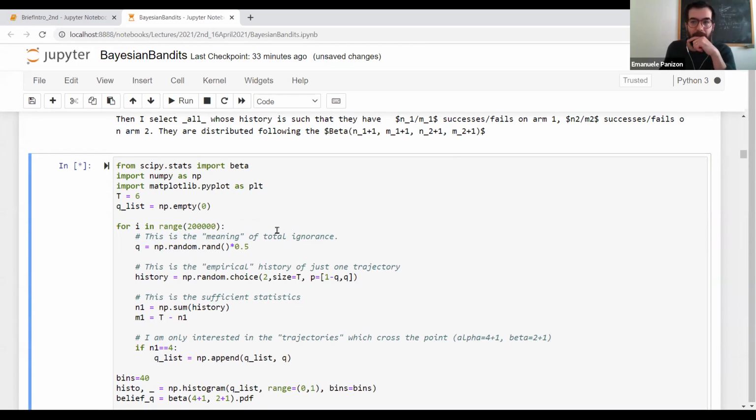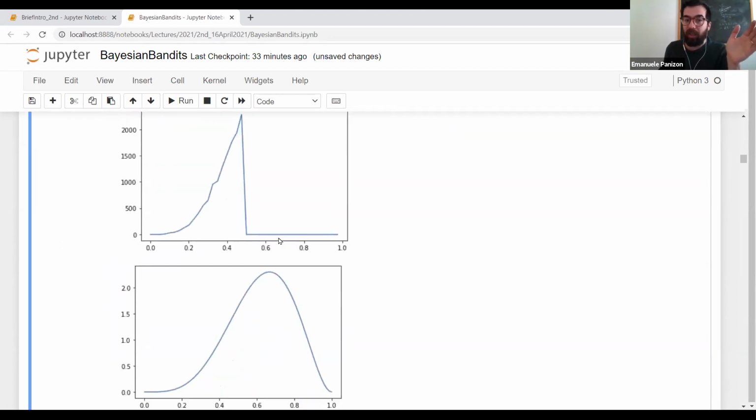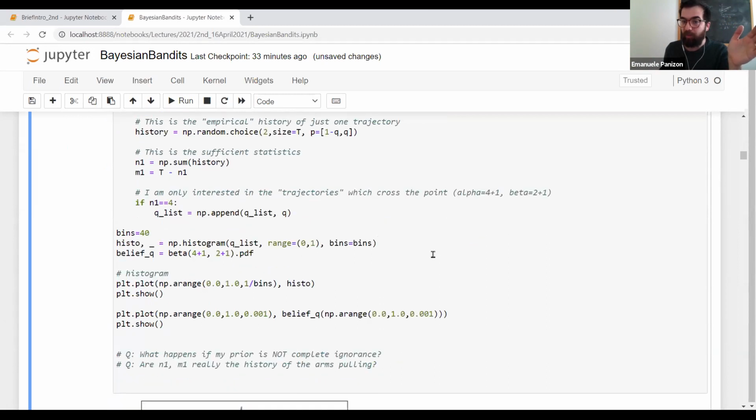It's the same as before: I take them randomly and collect only those with a history of 4 successes and 2 fails. My question is, can I describe this with a beta function with alpha equal 5 and beta equal 3?